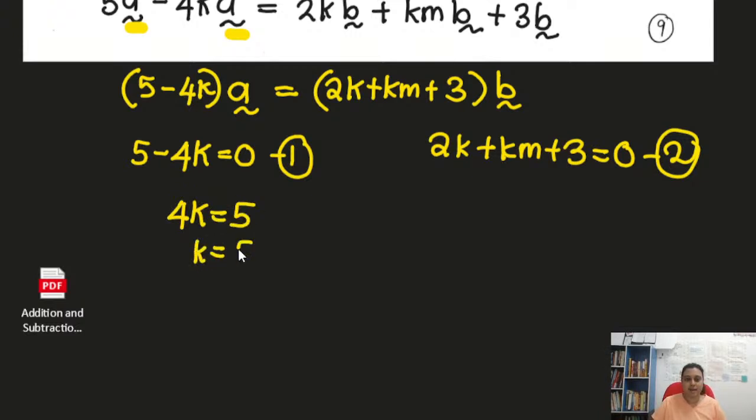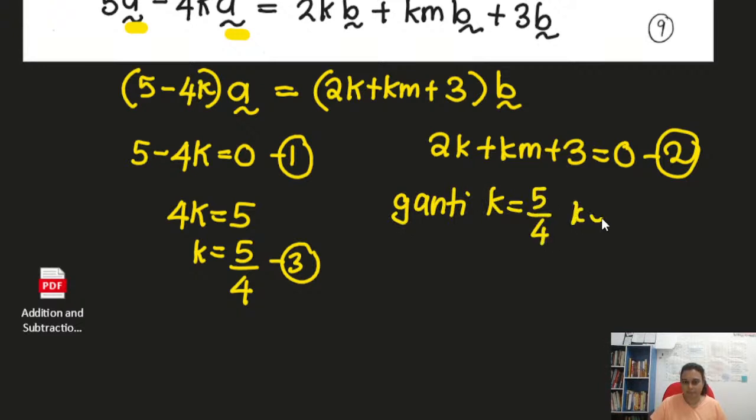K is 5 over 4. Okay, but the question didn't ask for K kan? Okay, so kita ganti K ke dalam persamaan 2. Okay, you substitute into equation 2.